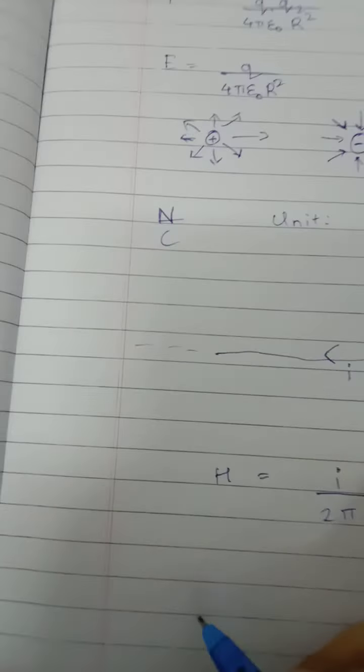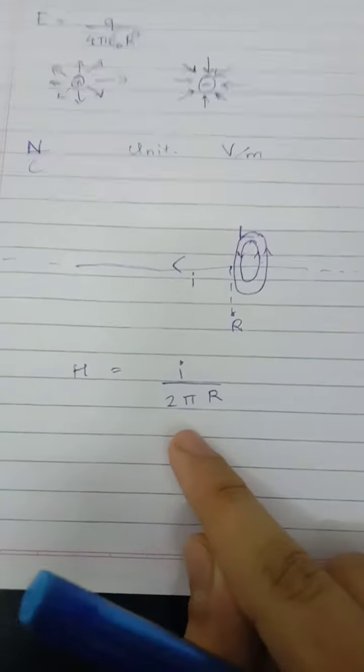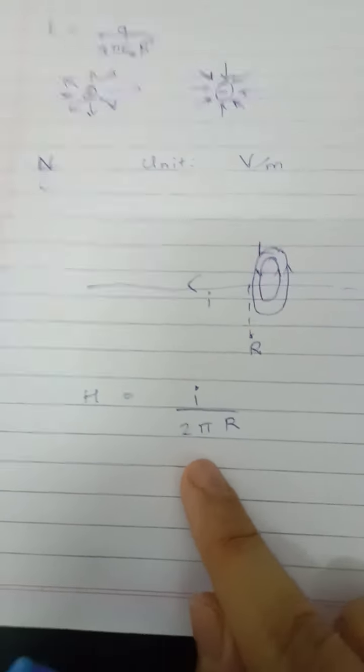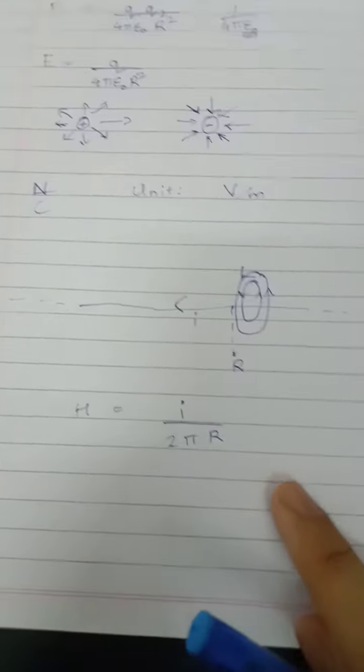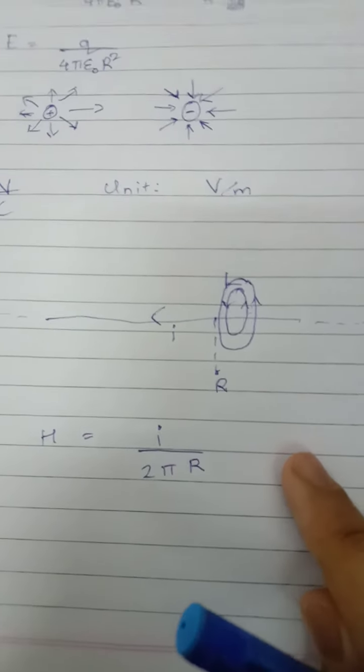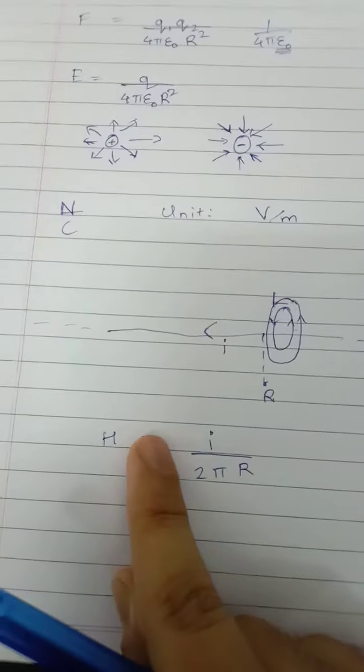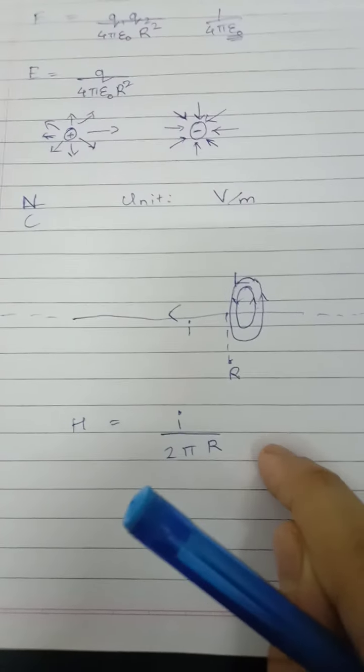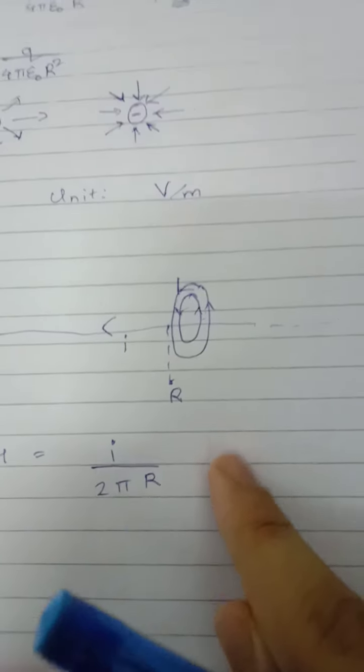One more thing to say here is that from this equation you can see that the magnitude of the magnetic field decreases as r increases, which means the magnetic field is inversely proportional to the distance from the wire, and it is also directly proportional to the current, right?